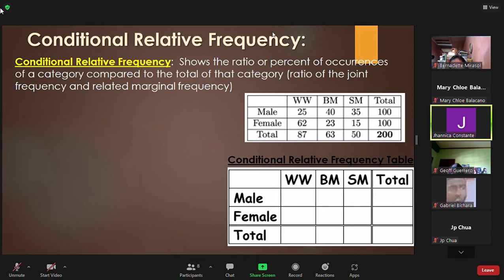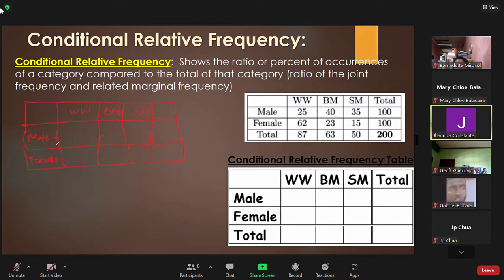For example, let's say we have this set of data. We have the same categories, but with different occurrences.